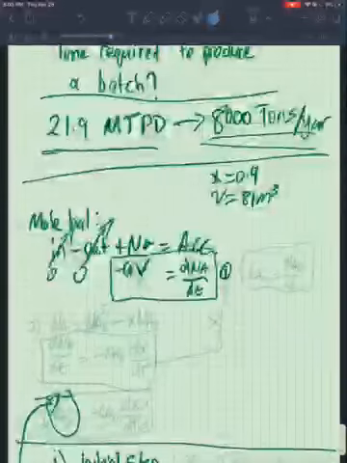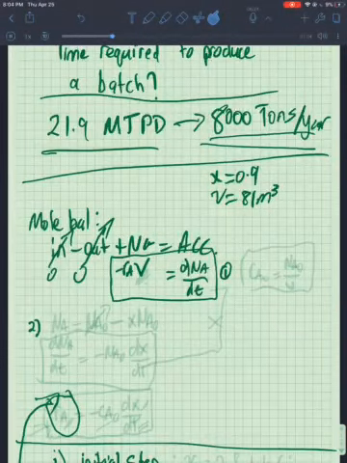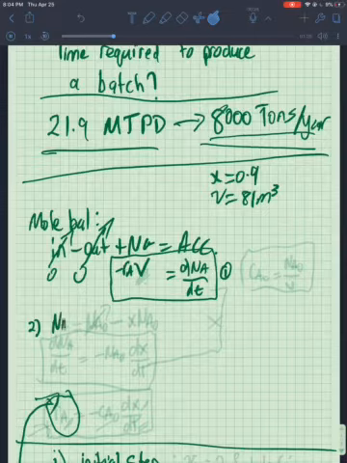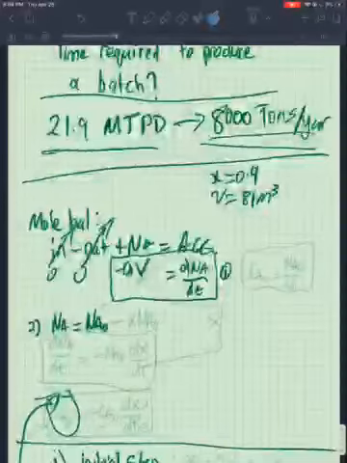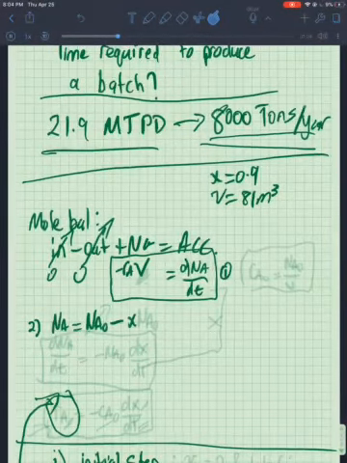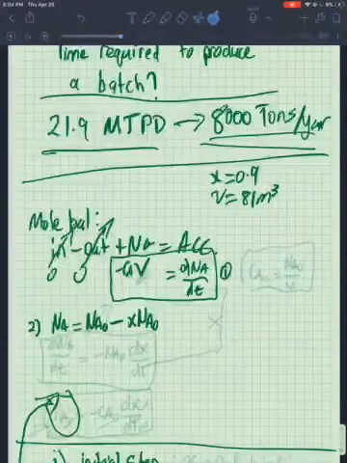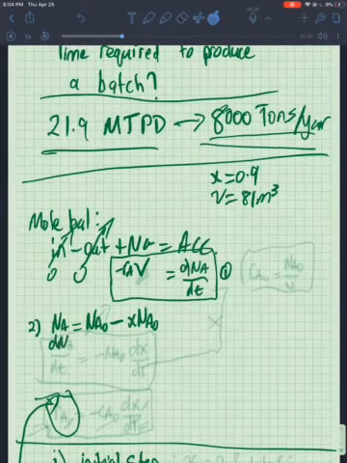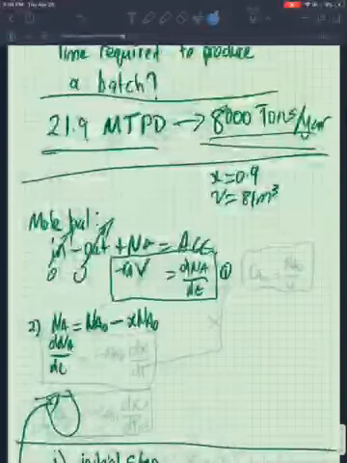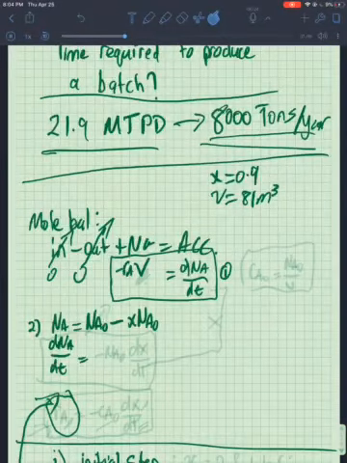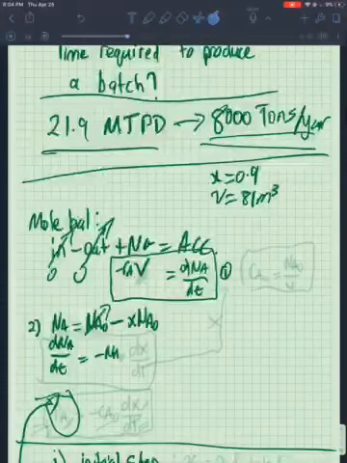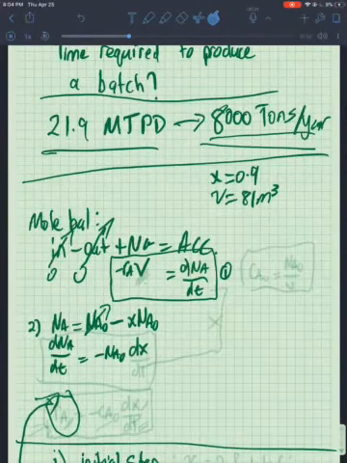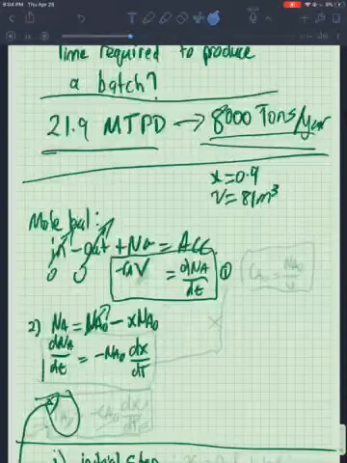Label that 1. Now, we also know that the amount of moles at any time in the reactor is equal to the initial amount of moles minus how much was converted, multiplied by that initial amount of moles. We take the derivative of that with respect to time. We know the initial amount is a constant, so that goes away, leaving minus NA0 dx over dt.